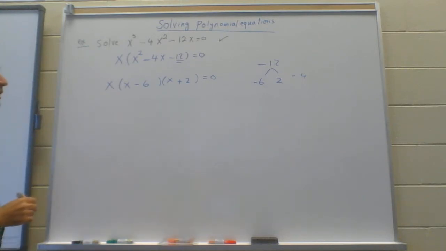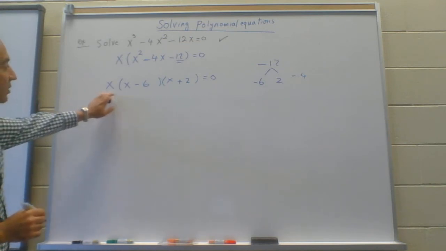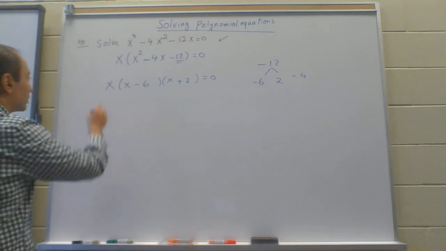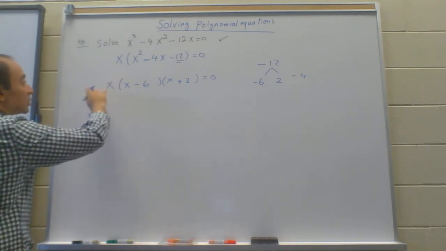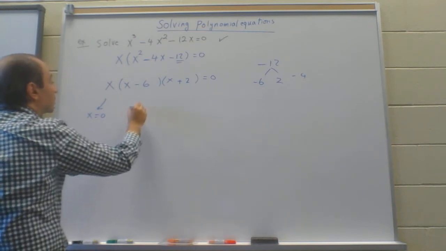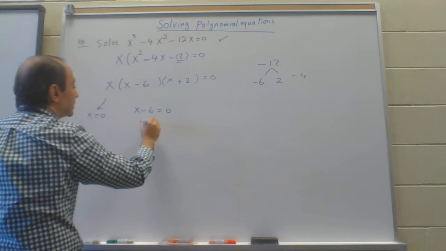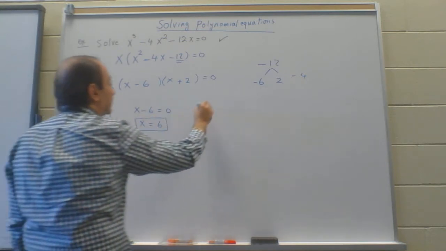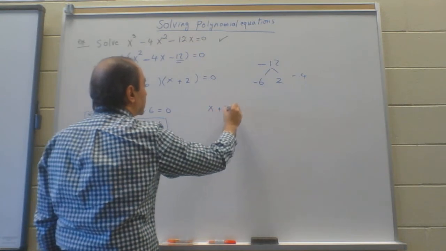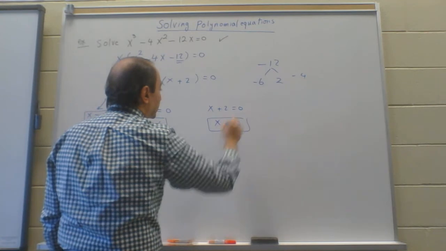We factored completely. Now the last step is to find the values of x that will make each factor equal 0. So from here, x equals 0, and 0 times everything is 0. From this one, x minus 6 equals 0, that means x equals 6. This is the second one. And the other one, we solve this, x equals negative 2, and those are the three zeros.